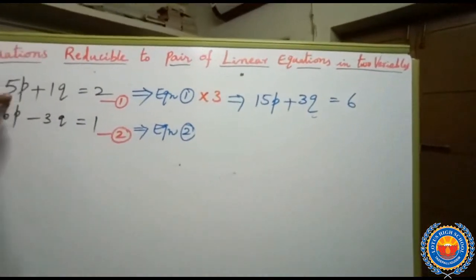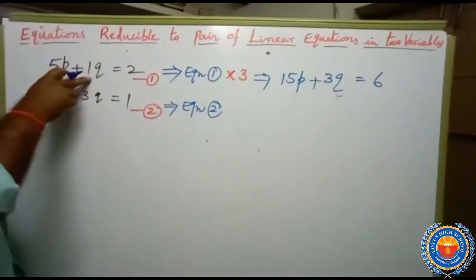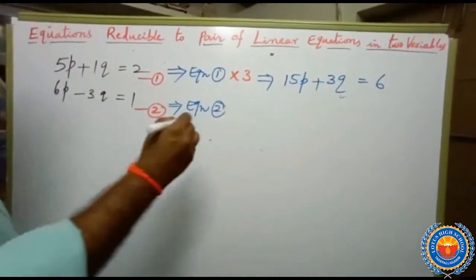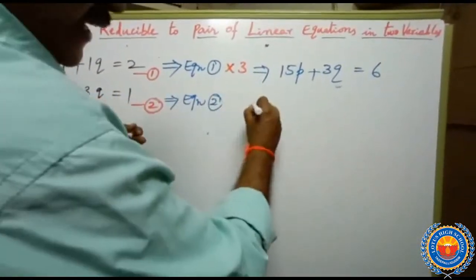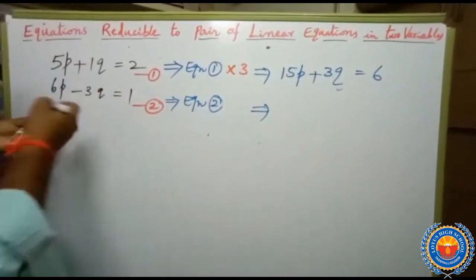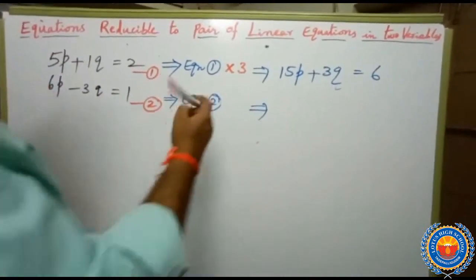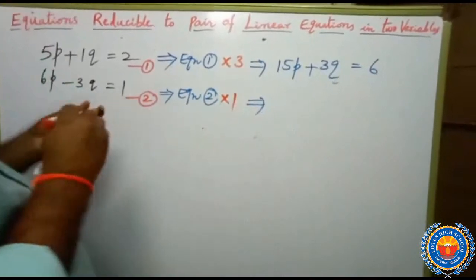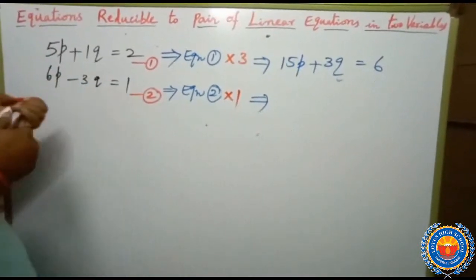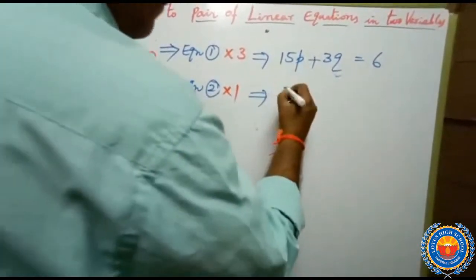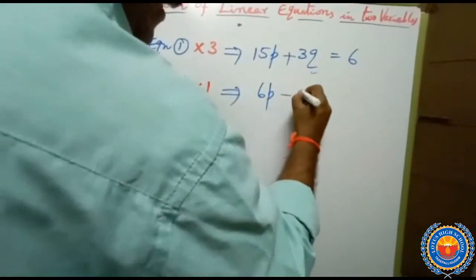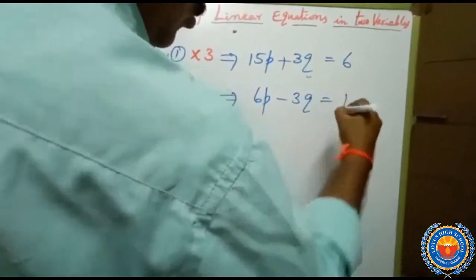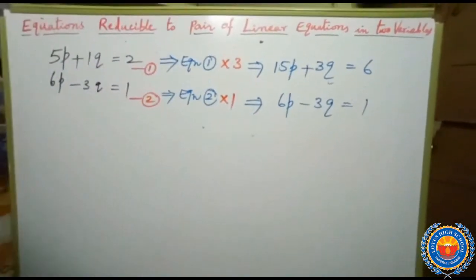Here 5 into 3 is 15, 3 into 1 is 3, 3 2s are 6. Here you can directly write the equation, no need to multiply with anything. So as it is, 6p minus 3q is equal to 1.